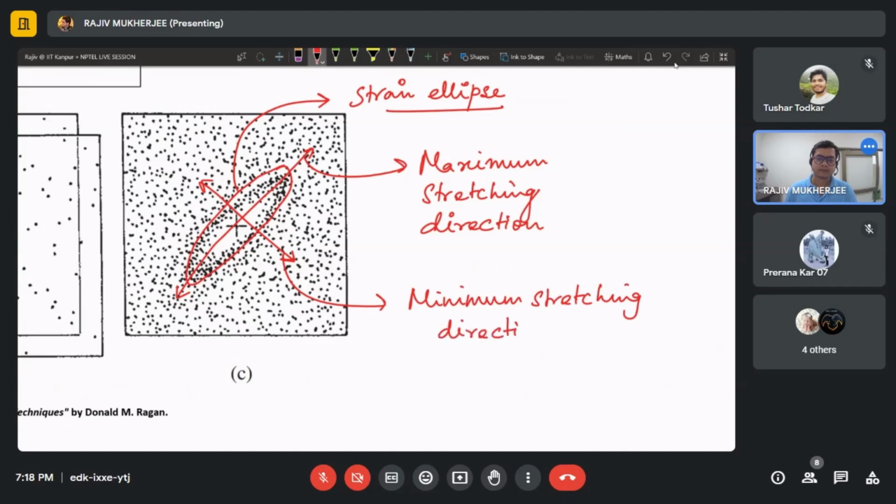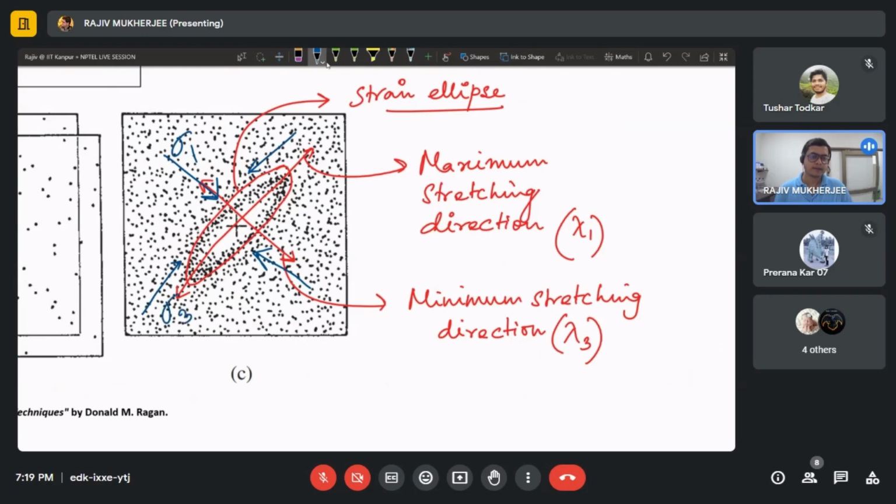So this is of course lambda 1, or the maximum or the principal stretch, and this would be lambda 3. So eventually if we know which one is lambda 1 and which one is lambda 3, we can of course mark that this direction is sigma 1 and this direction is sigma 3.